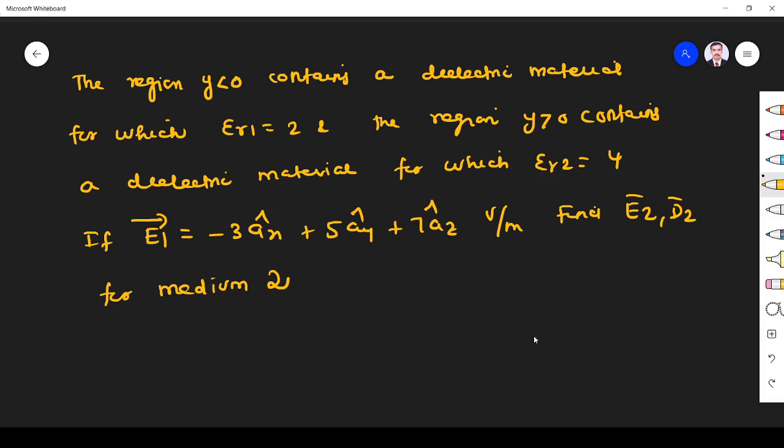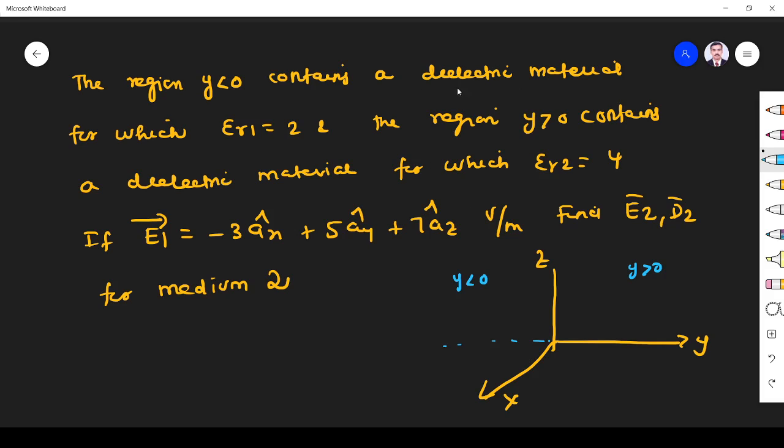So what they are giving, we have a region like this, right? This is y, this is x, this is z. Y is greater than 0 and y is less than 0. This is y greater than 0, positive y. This is negative y, y less than 0.